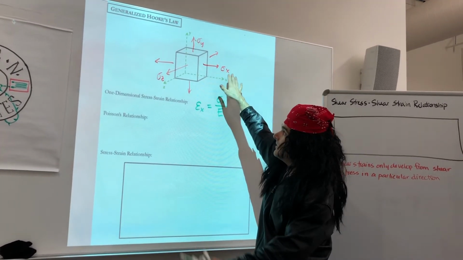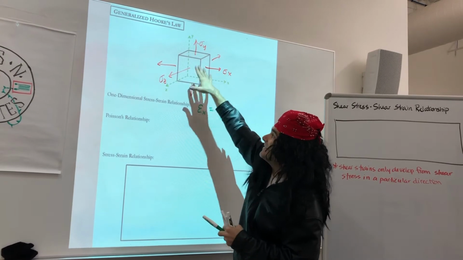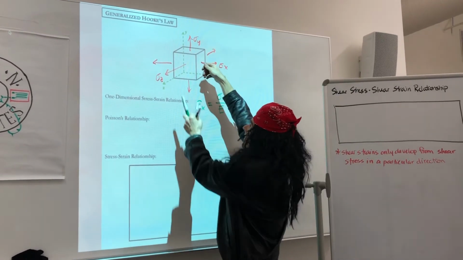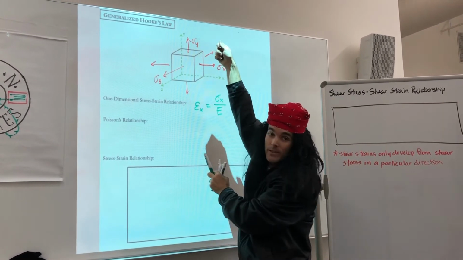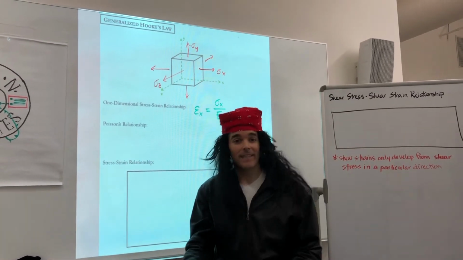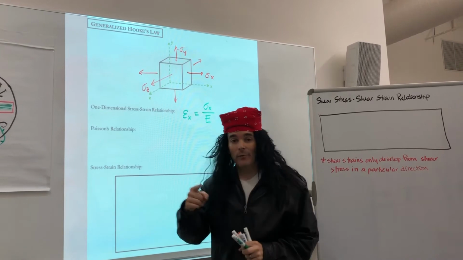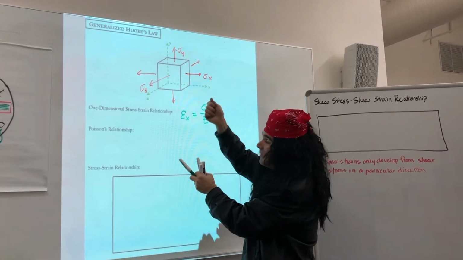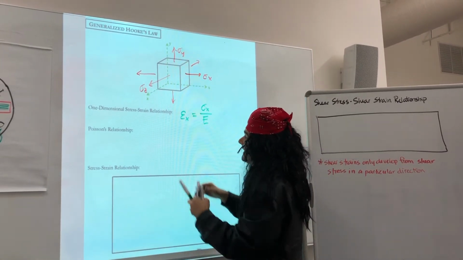However, if we don't just have sigma x and we have sigma y and sigma z, we learn that sigma y, as it pulls, is going to cause contraction in the x direction. Think back to the Jello cube and Poisson's effect. As we pull on that, it's going to shrink in a little bit.